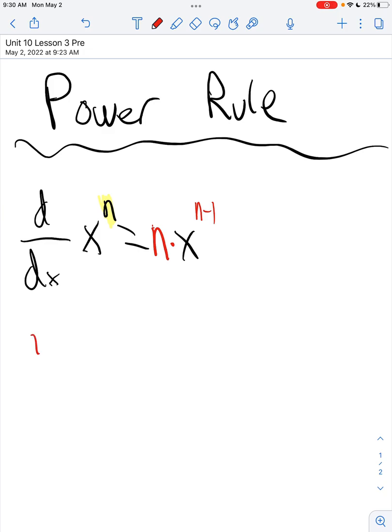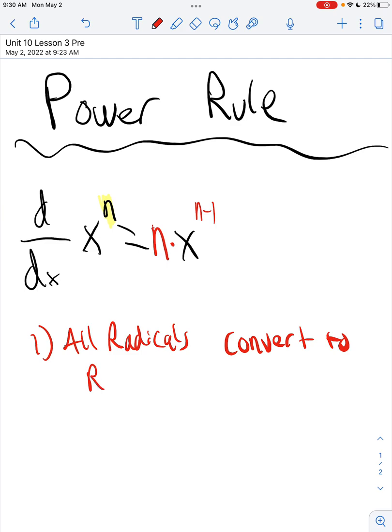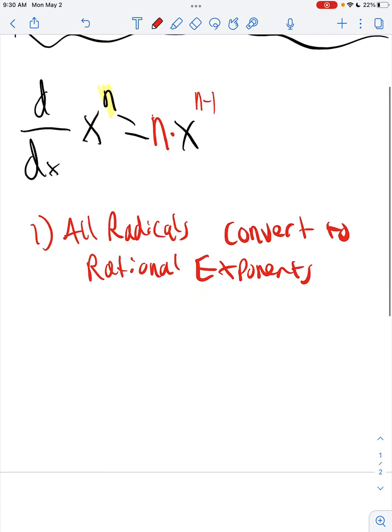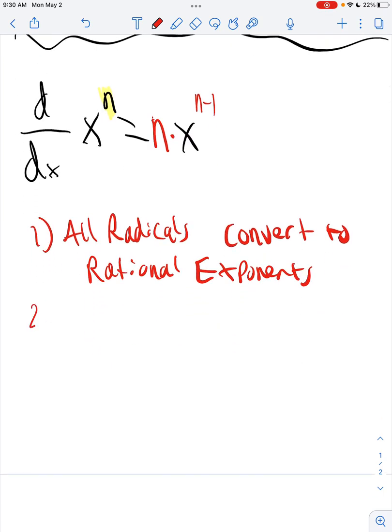So there are a couple of rules we have to note when we use this rule. First is that all radicals convert to rational exponents. So again, we want everything to be exponents, basically.